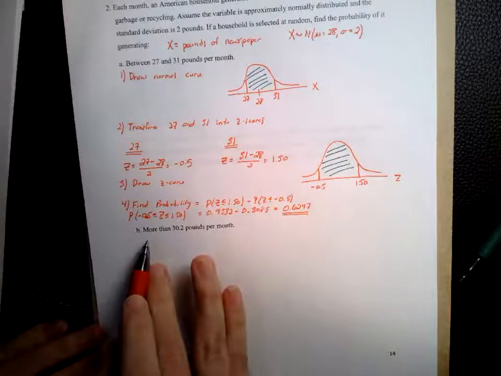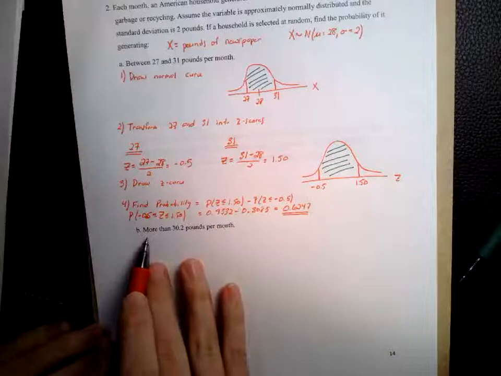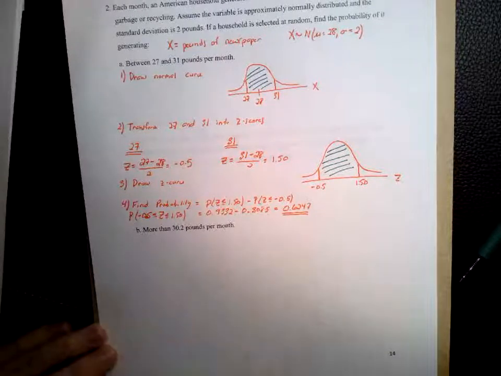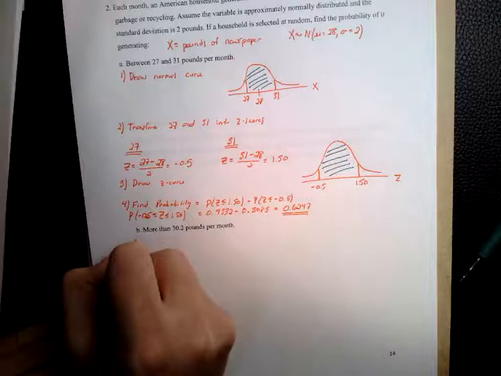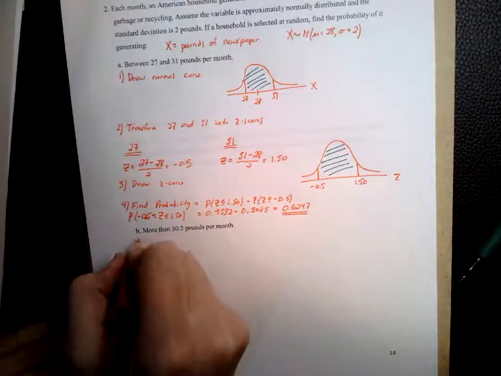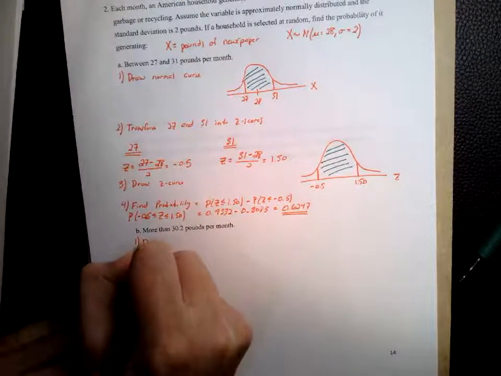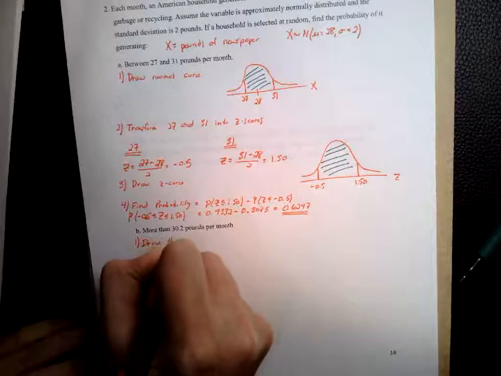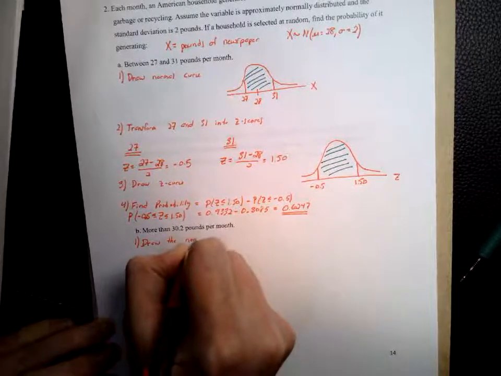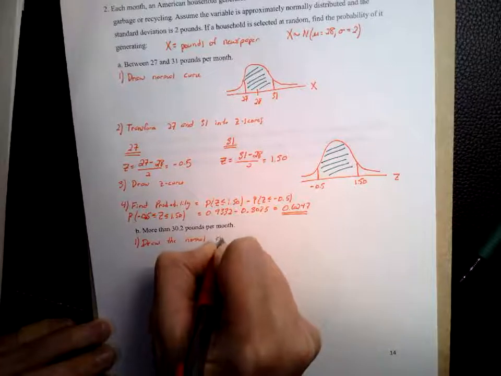Now, this next one, find the probability of it generating more than 30.2 pounds per month. So first step, let's again draw the normal curve and shade the appropriate region.